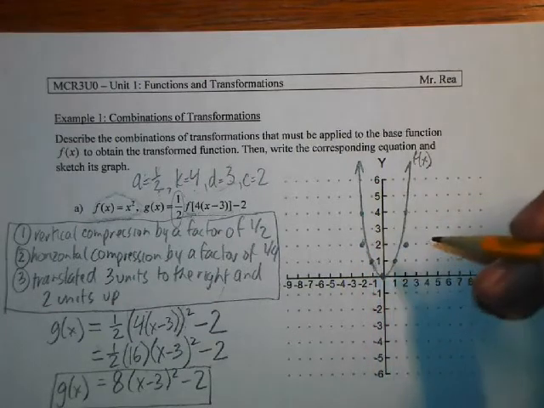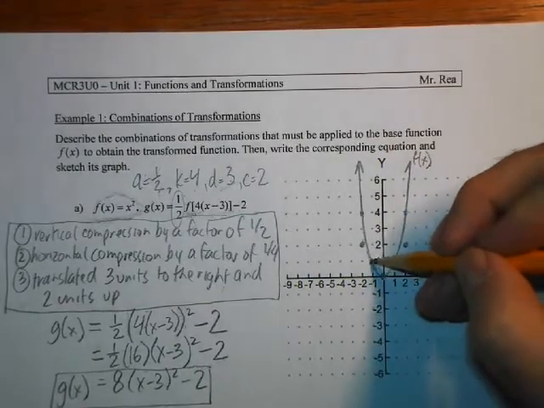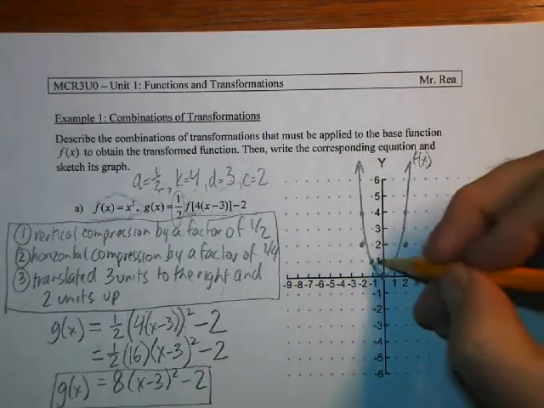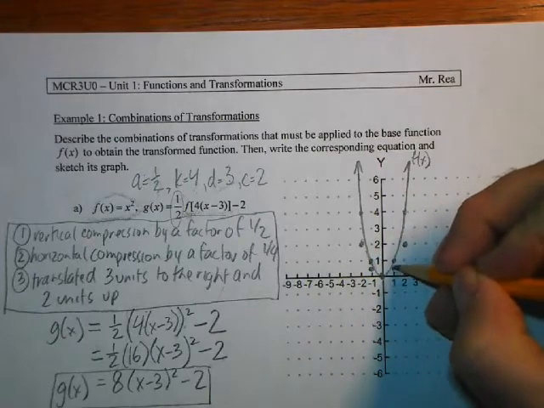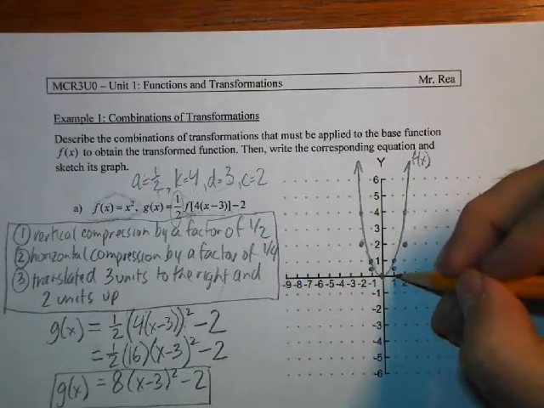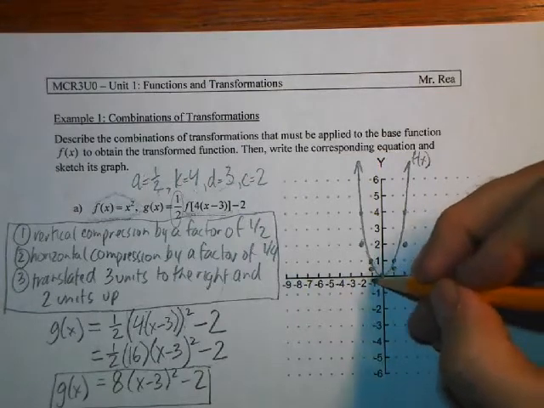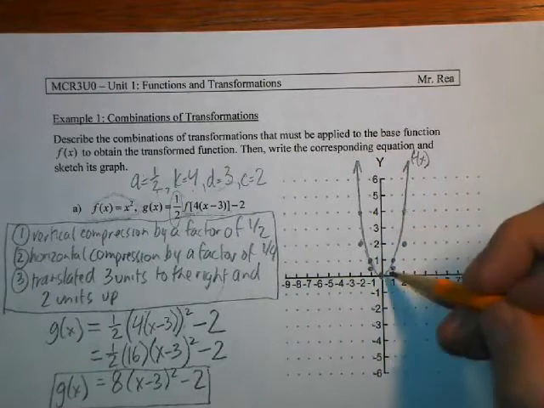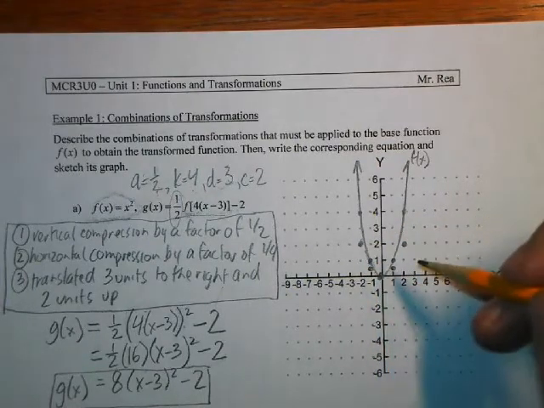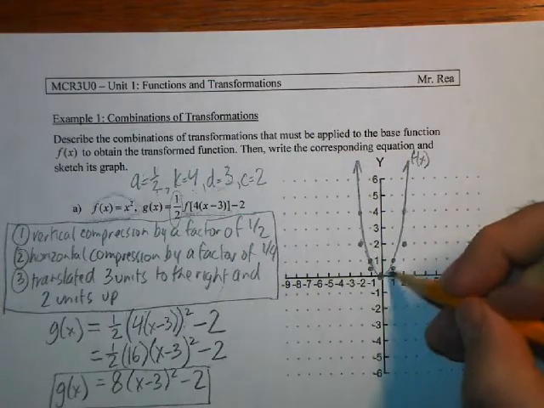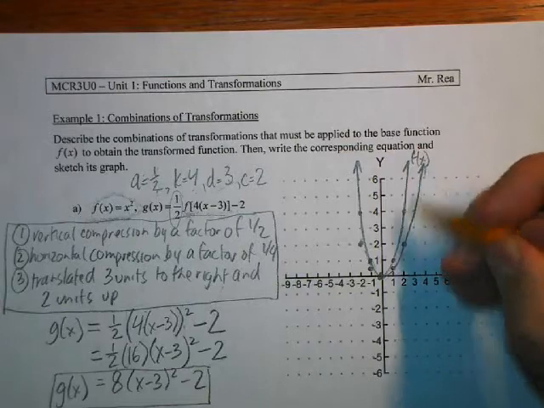And then the points here that had a y coordinate of 1, well, those are halved. So those are now x equals 1 and y equals 1/2, and x equals negative 1, y equals 1/2. So now I've got those 4 new points. The 0, 0, when I half that, it's still 0.